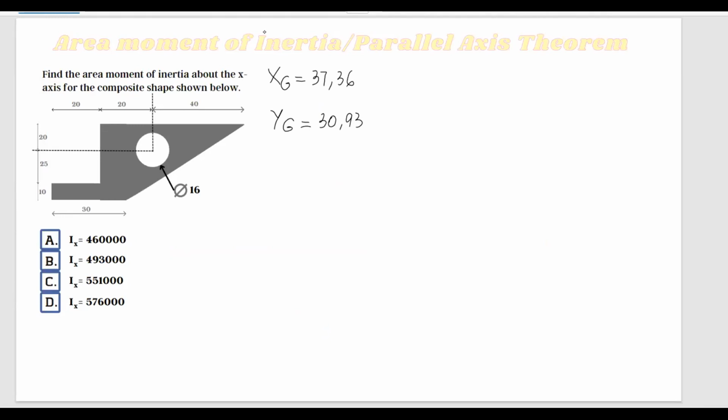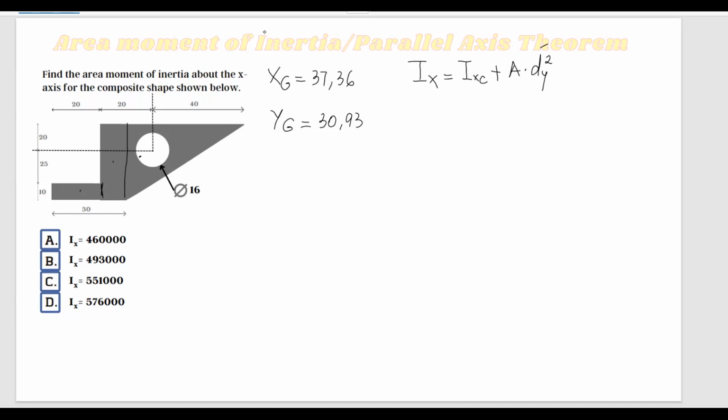So let me write this down. I'm also going to write down the formula. So Ix equals Ix about the centroid plus area of the shape multiplied by dy squared. d is the distance from the centroid of each shape to the centroid of the composite shape that we have found, and it is the y distance.